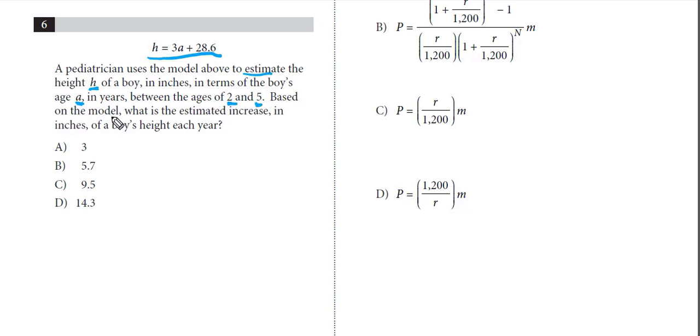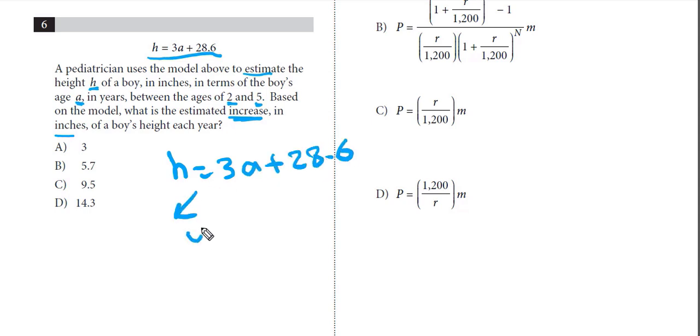Based on the model, what is the estimated increase in inches of a boy's height each year? h is equal to 3a plus 28.6. This is a linear form, like y is equal to mx plus b, and we said before m represents the slope, which represents the increase or decrease of y. Then 3 is the increase here. Then the answer is 3.